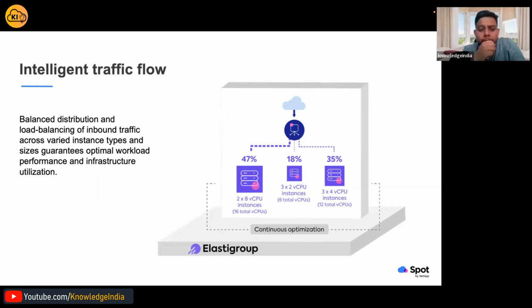So one ELB can have, say, one X large machine, one 4X large machine, one 8X large machine, right? And when the traffic comes in, it doesn't do round robin. It checks the available vCPUs on these instances, right, and distributes the load based on that weightage. So basically it will send more traffic to a bigger instance rather than a smaller instance. That is how it is designed to work.